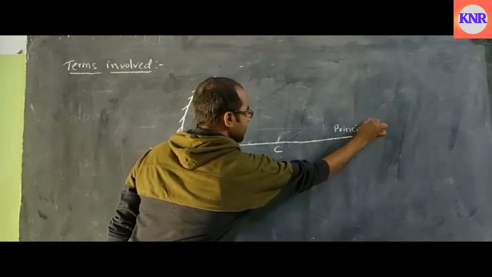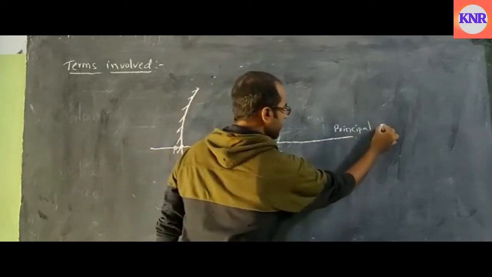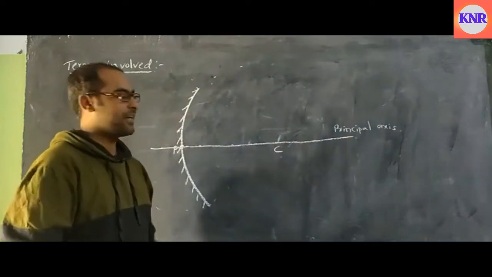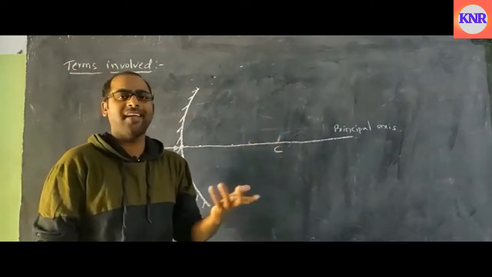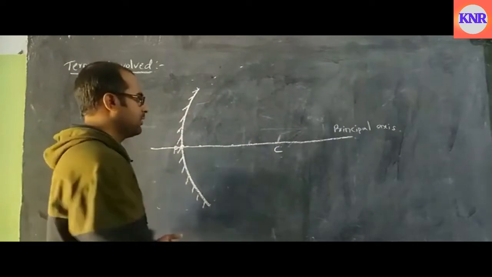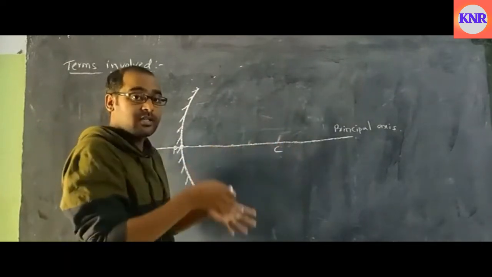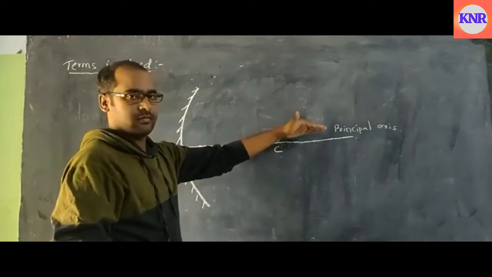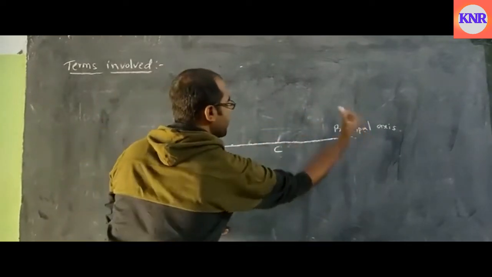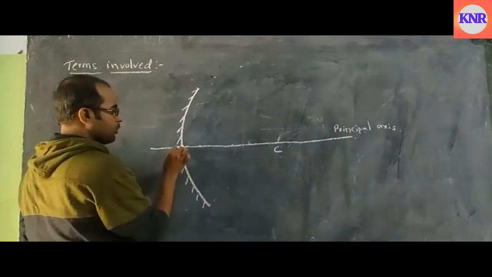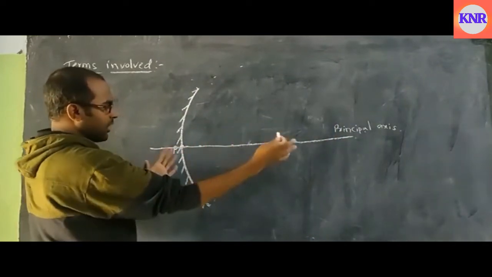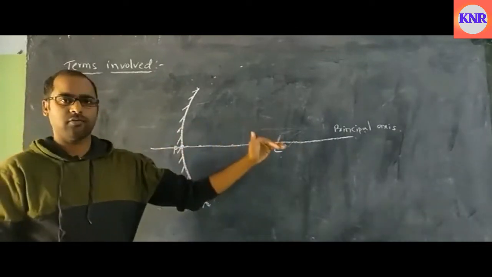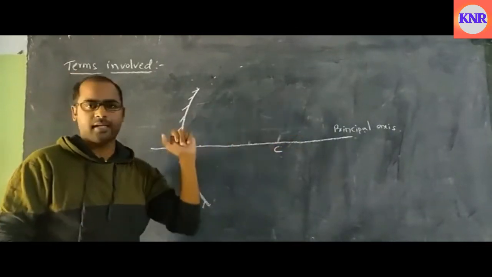Principal means main, so simply the main axis. The imaginary line passing through the pole and center of curvature is called the principal axis.